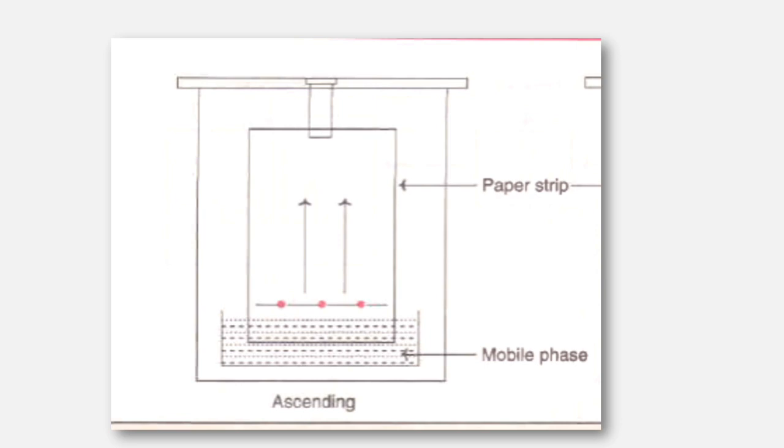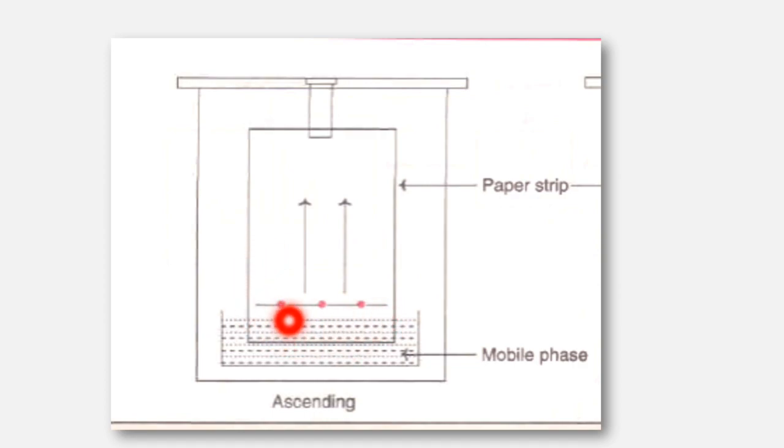Here you can see this is the whole chromatographic chamber. This is the lid. This is the paper, and this is the mobile phase which is placed in a petri dish, or we will pour it in the chamber. Then we will place the Whatman number 1 filter paper with the amino acids.